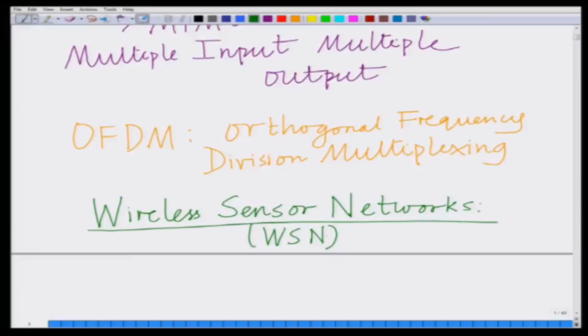A wireless sensor network is basically a group of sensor nodes connected over wireless links. That is, these wireless sensor networks contain a large number of sensor nodes which form a network, and these sensor nodes are connected or can communicate over wireless links.